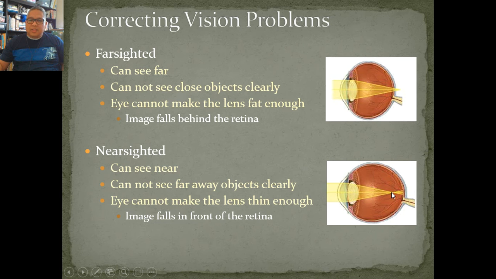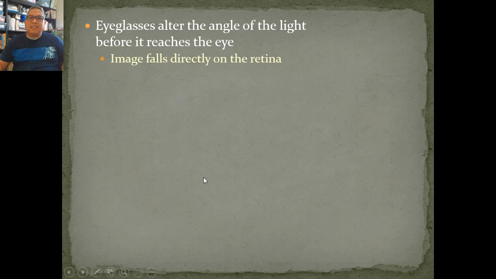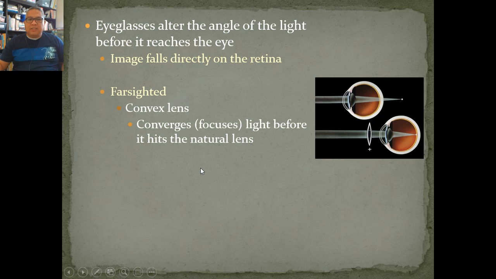Now you need glasses that will extend this so that the focal point reaches the retina. Eyeglasses alter the angle of the light before it reaches the eye, so the image falls directly on the retina. If you're farsighted, the focus is beyond the retina. Using glasses, it will shorten this part so that the focus will hit the retina.